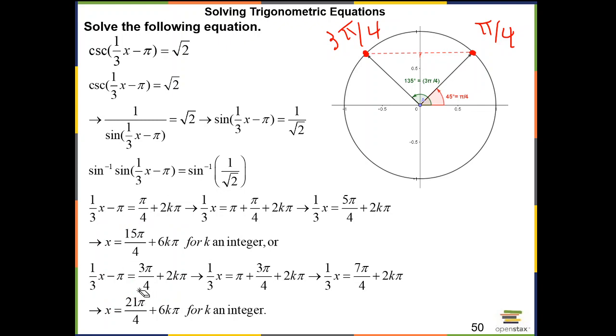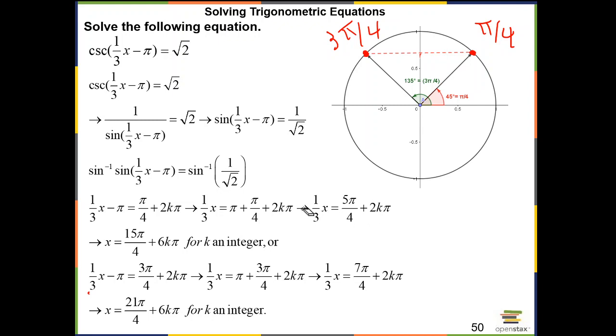So what do we have to do? We have to modify both sides of these two equations so that we have x on one side by itself. And you see it here. If you add pi to both sides, pi plus pi over 4 is 5 pi over 4, because pi is 4 pi over 4 plus 1 pi over 4 is 5 pi over 4, plus 2k pi.